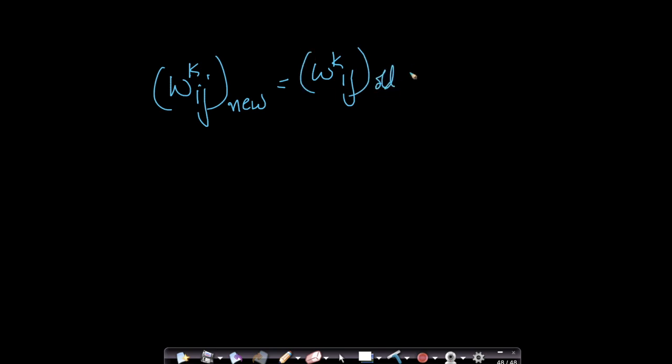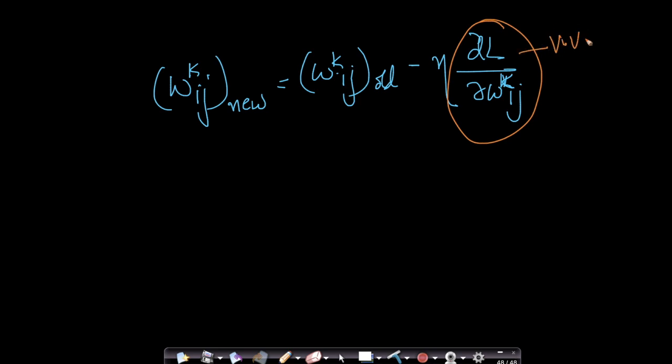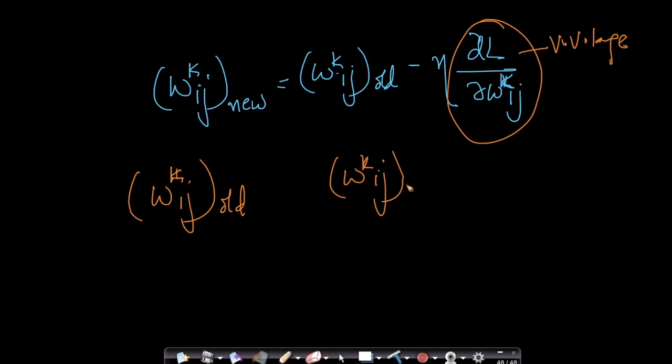Because if I have a weight like this, w_ij new equals w_ij old minus eta times the partial derivative of L with respect to this. This is what I have here, right? Now, if this is very small, what happened? Your older value and newer value were roughly the same. But imagine if this becomes very, very large, then what happens? Your w_ij old is very, very different from w_ij new.